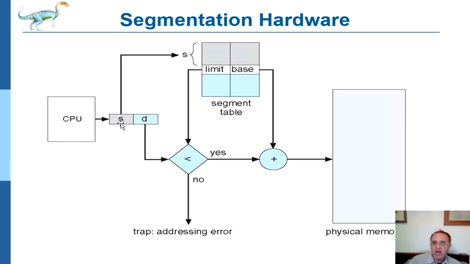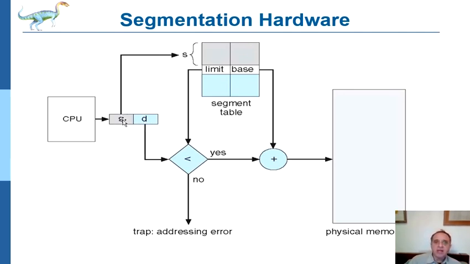But we're going to say that some section of them, for example 16 bits, the first 16 bits we're going to label S, and the second 16 bits we're going to label D. It could be any number. It could be the first 8 bits, and the next 24 bits are D. Any way you want to divide it is possible. But let's just make it simple: 16 here and 16 here, assuming a 32-bit memory location.